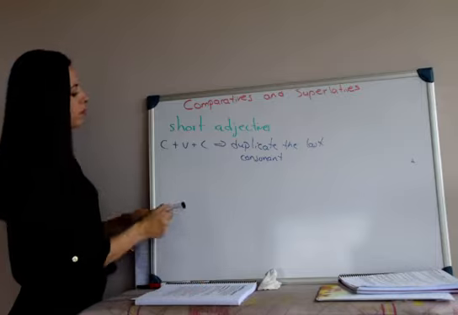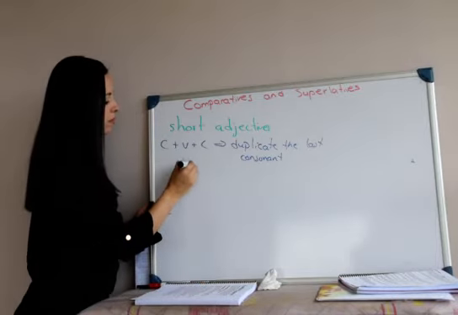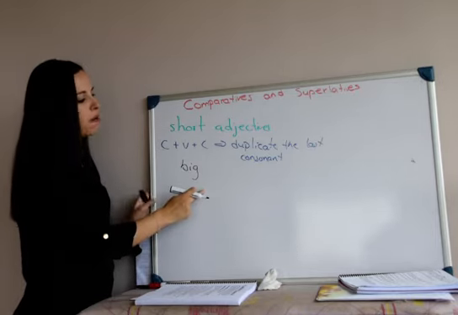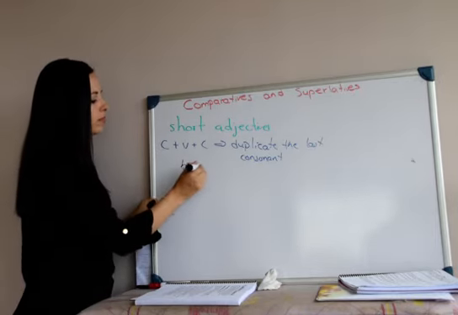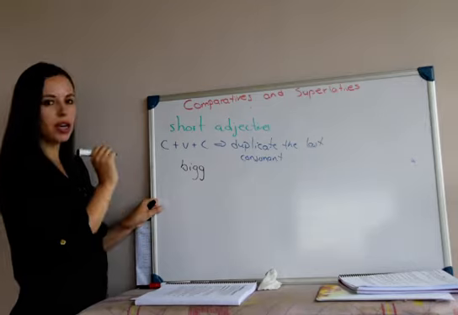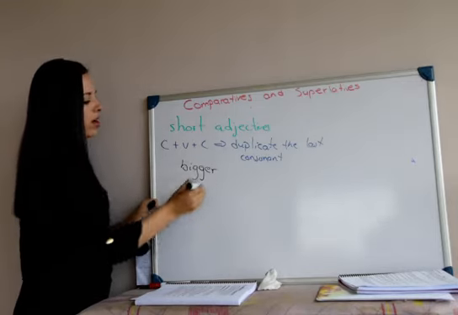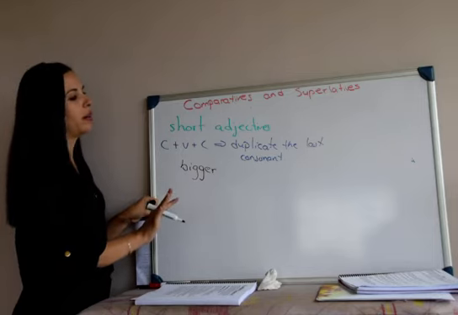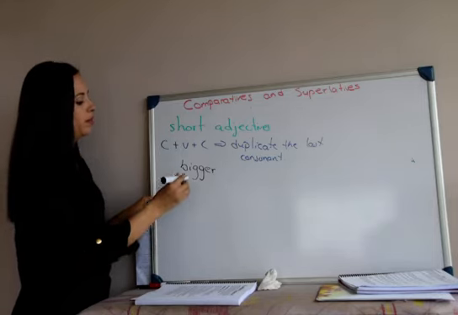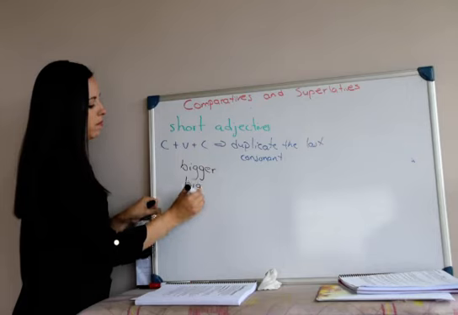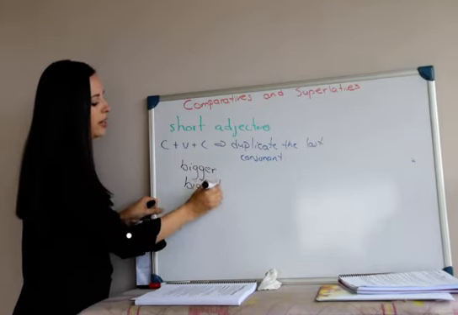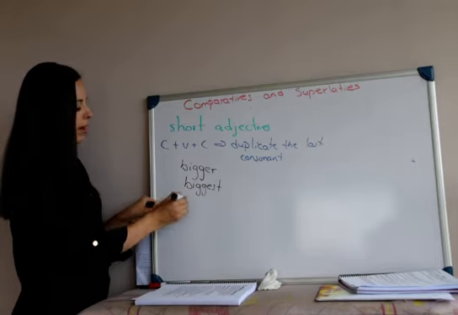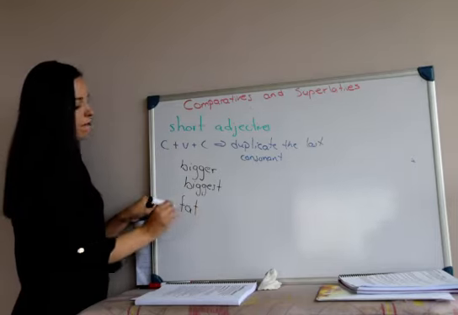For example, I already gave you an example with big. We have consonant, vowel, consonant. Before adding the er, you duplicate the last consonant and then you write the ER. The same with superlatives. Before adding est, you duplicate the G.